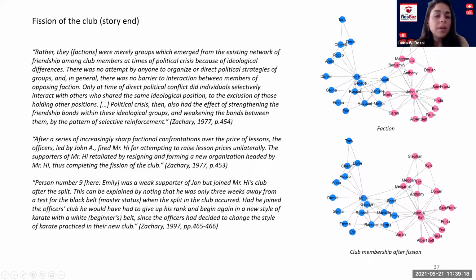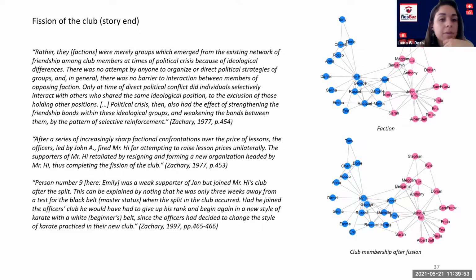So here's another overview of what happened with the network and the club, and how the event of raising class prices was resolved. Specifically looking at Emily, person number 9 here, Emily was a weak supporter of John, but joined Mr. High's club after the split.